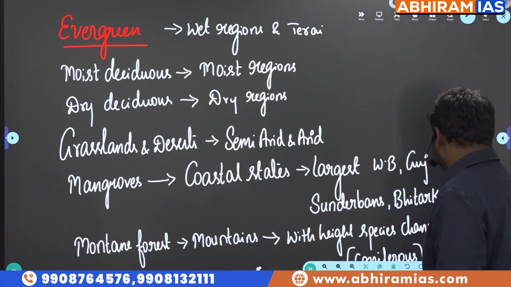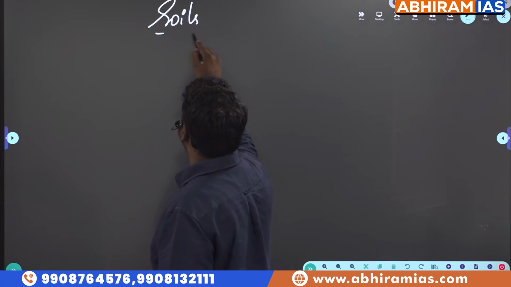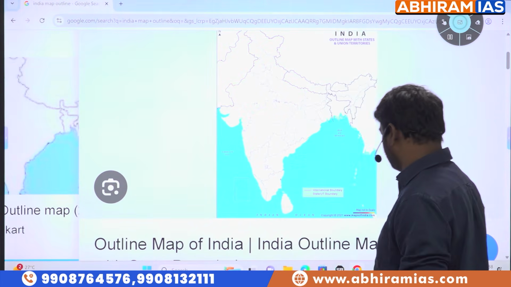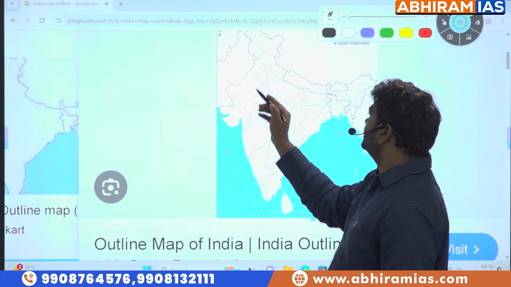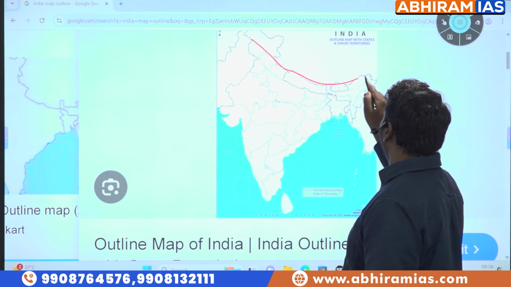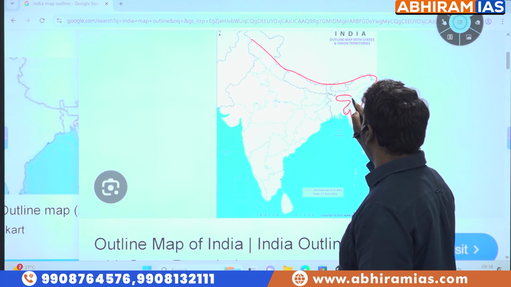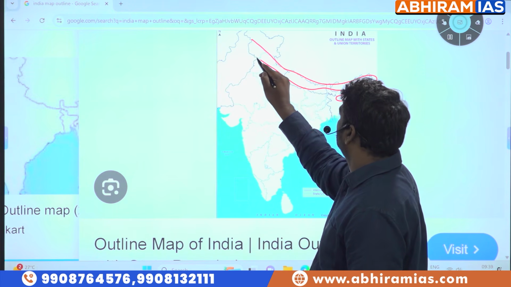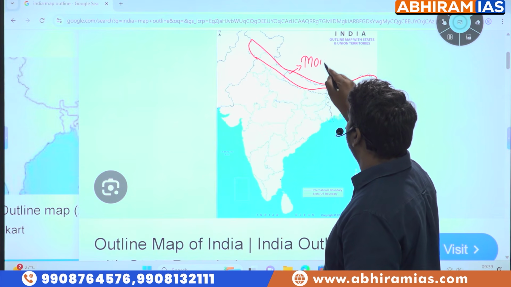Next, soils. All the Himalayan states, which soil will be there?